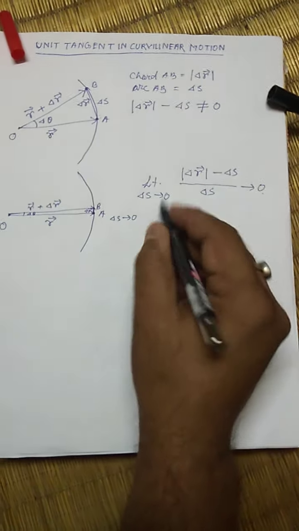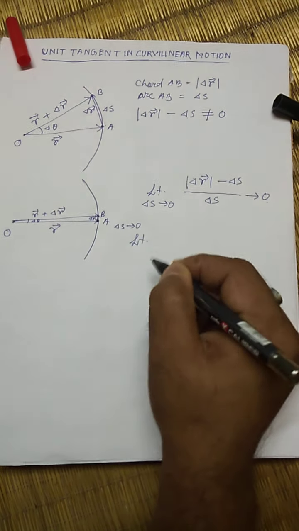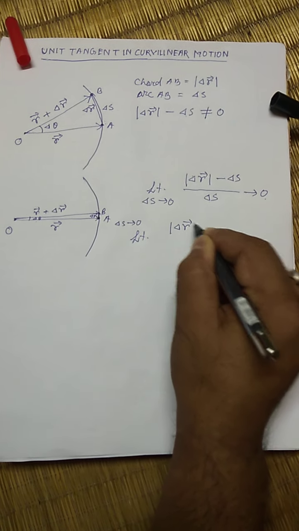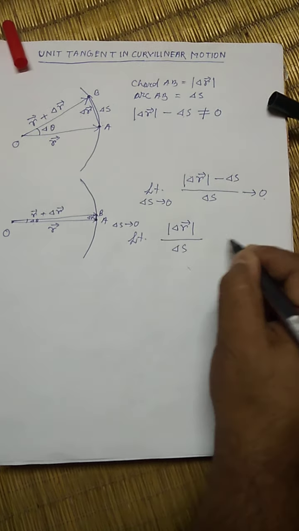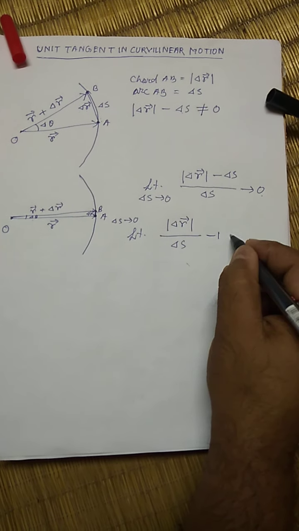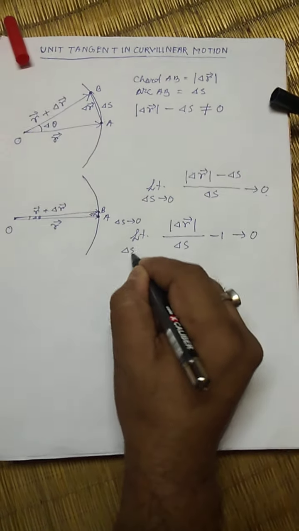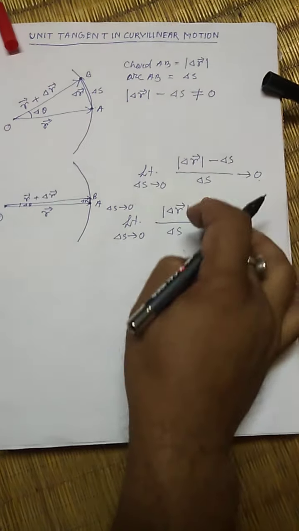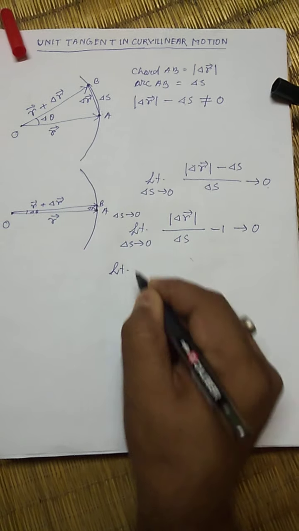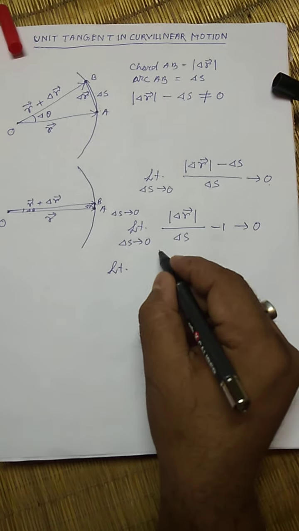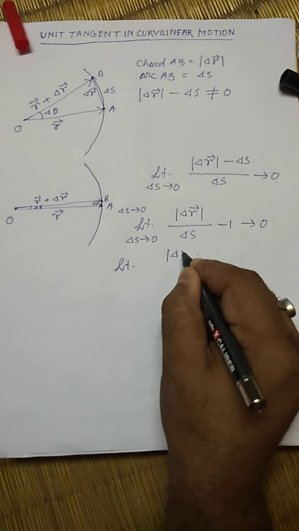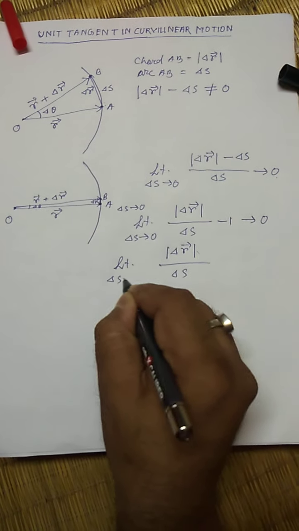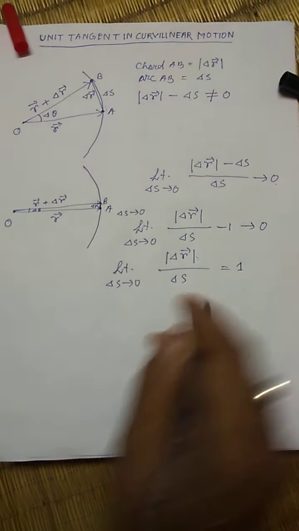And from this expression we can write the limit of the magnitude of delta vector r upon delta s minus 1 tends to 0 as delta s tends to 0. And from this we can get the magnitude of delta vector r upon delta s, when delta s tends to 0, is equal to 1.